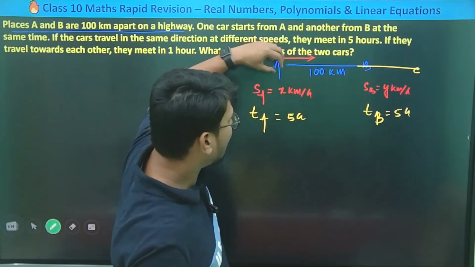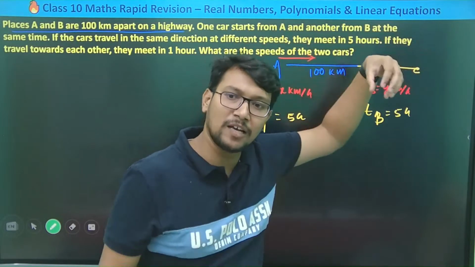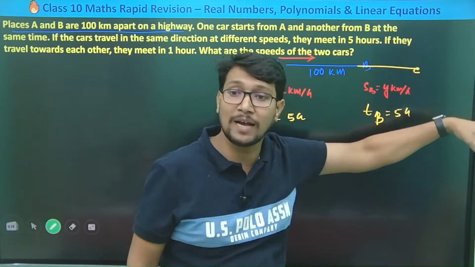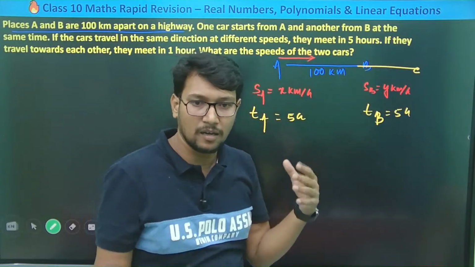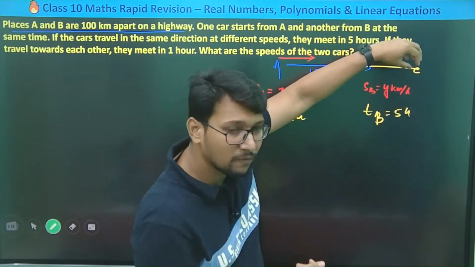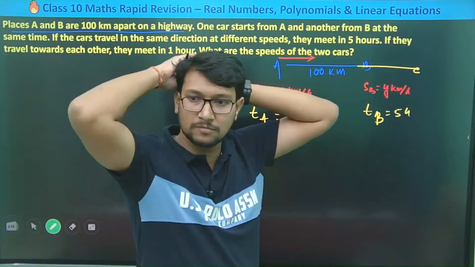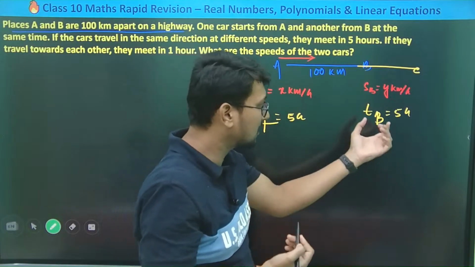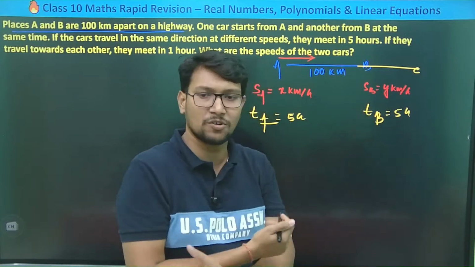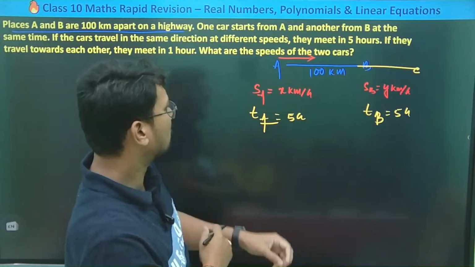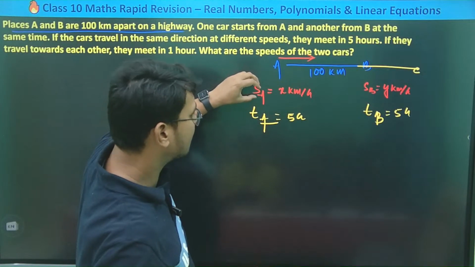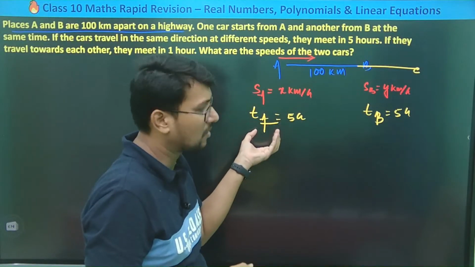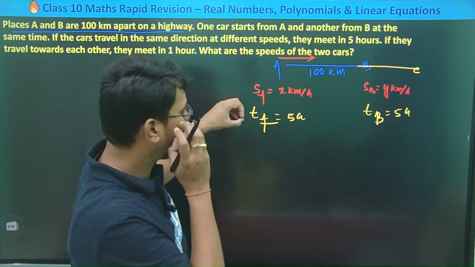Clear? Car A reached point C after 5 hours, and B also reached point C, because they meet in 5 hours, so their meeting point is C. Both covered distance for 5 hours. Now tell me, speed is given, time is given, speed into time is distance.